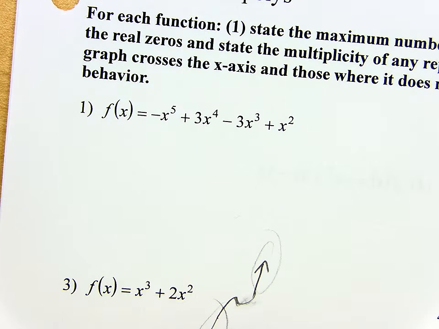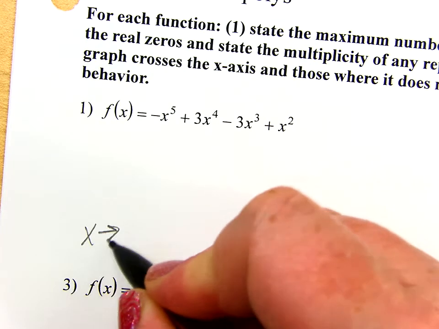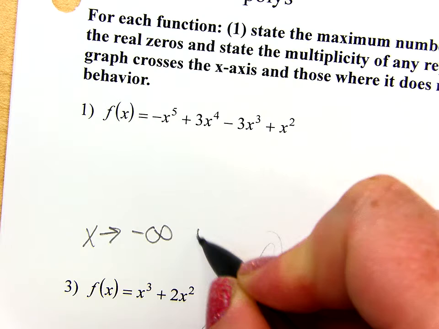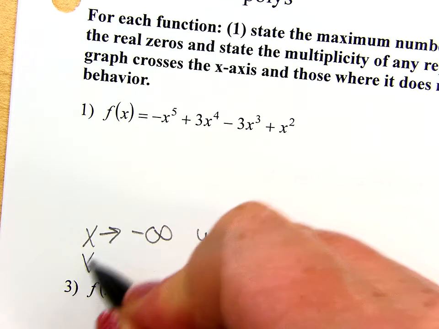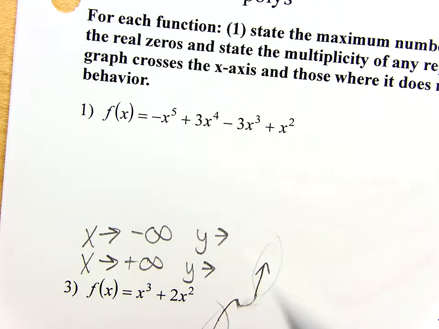So all of the ends are the same for all the odd exponents. 1, 3, 5, 7, 9, and forever. They all have the same end behavior. So you're going to tell me as x approaches negative infinity, what is y doing? And as x approaches positive infinity, what is y doing?